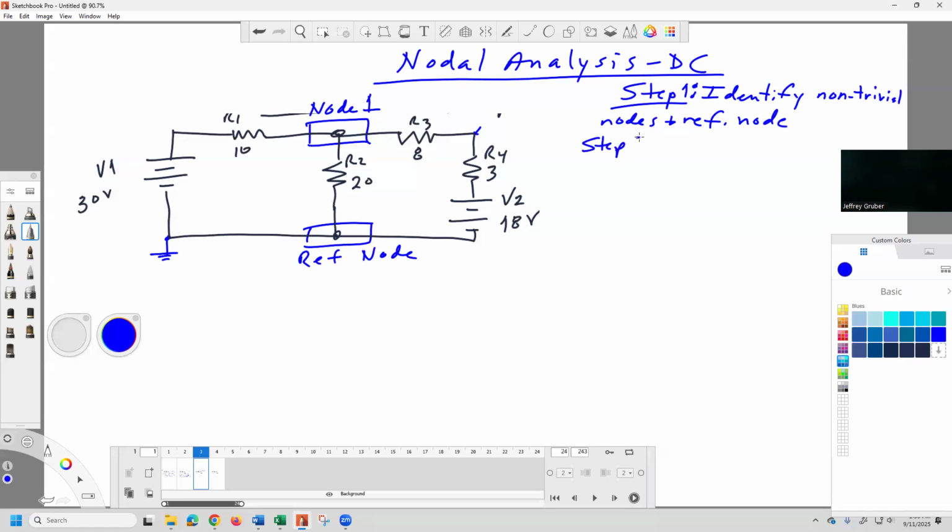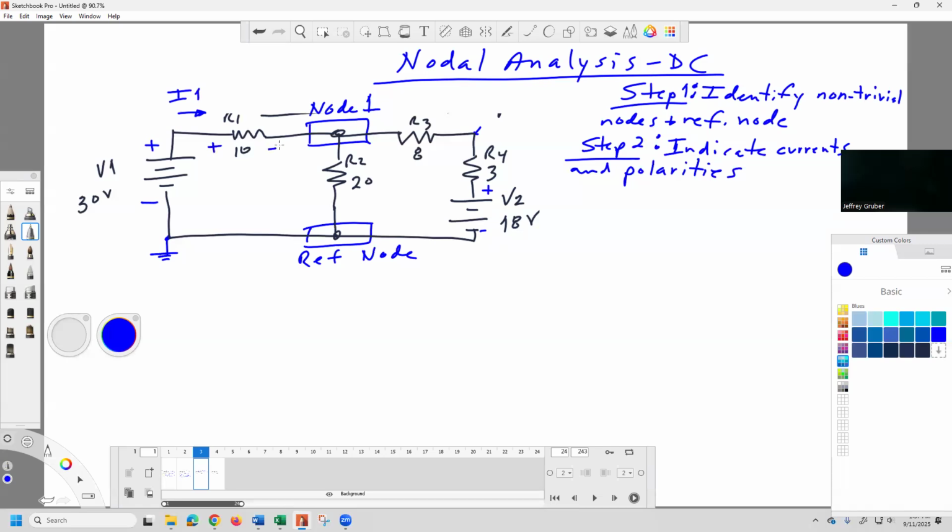Step 2, indicate currents and polarities. So here's your polarities of your power supplies. There's I1. And you'll see later that it doesn't matter which direction you draw the arrows as long as they're consistent.